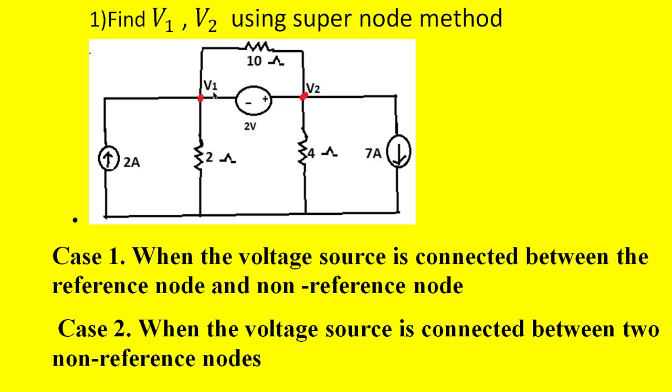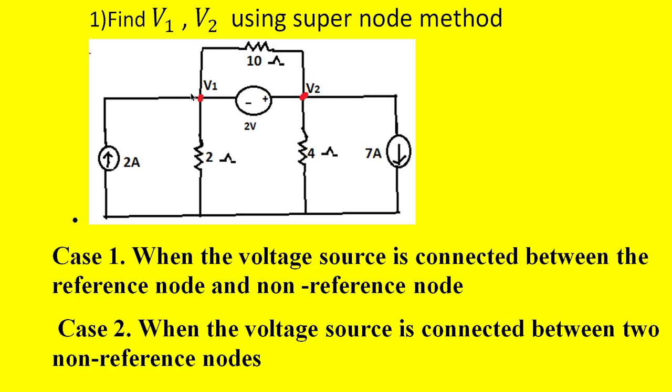We call this V1 or the first node. And here there are 4 elements connected together at one point, and this we call the second node, and its voltage we designate as V2. This is V1 and this is V2.